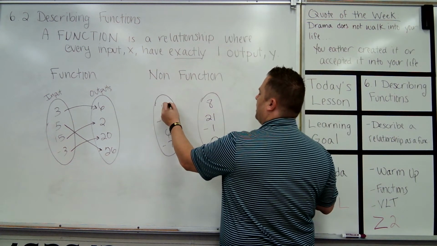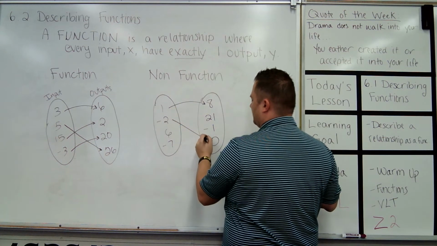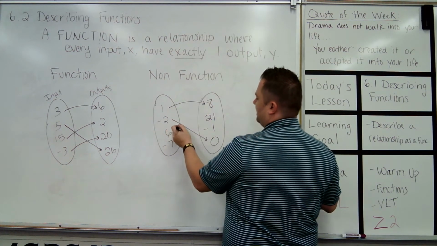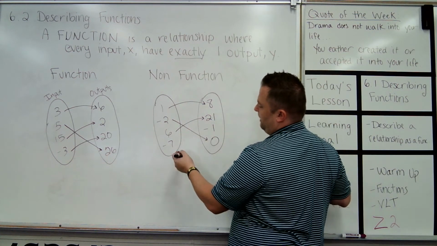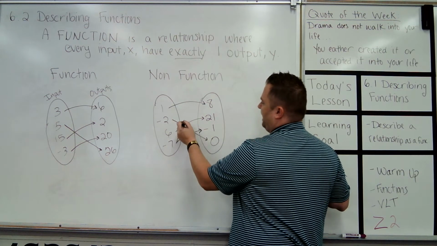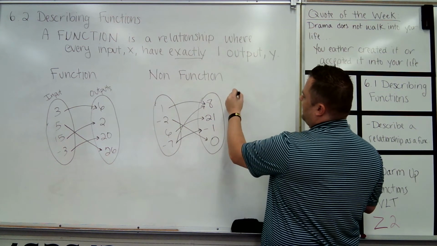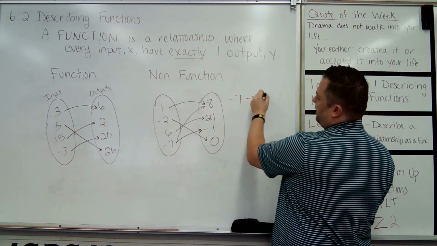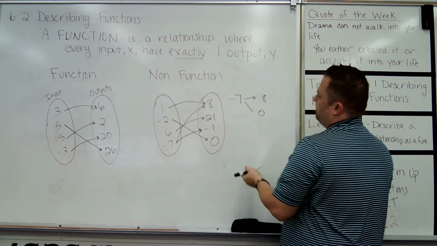When I put in a 1, only an 8 came out. When I put in a 2, a 0 came out. When I put in a 6, 21 came out. But there's a problem with the number -7. I put in -7, -1 came out, and 8 came out. I want you to focus on the -7 produced both 8, and it also produced 0.